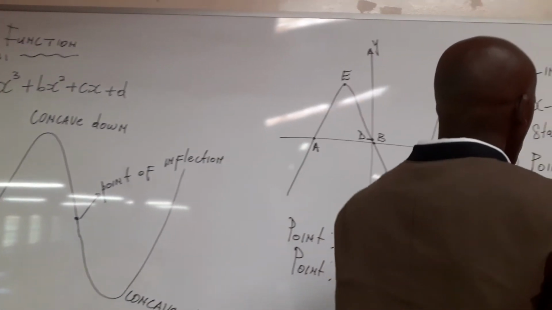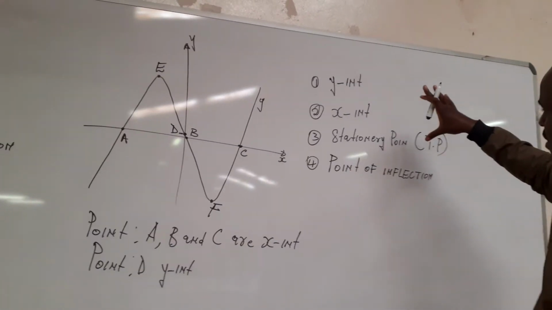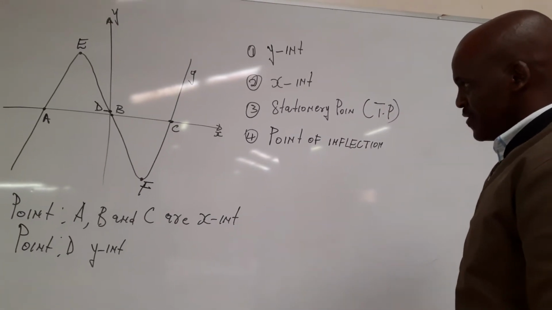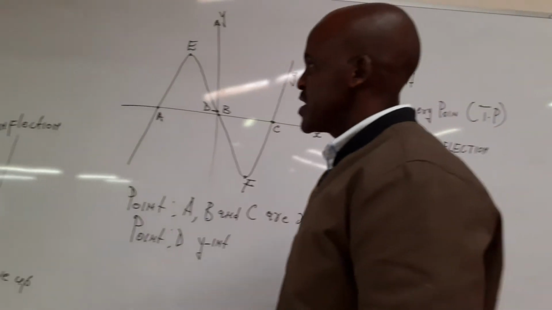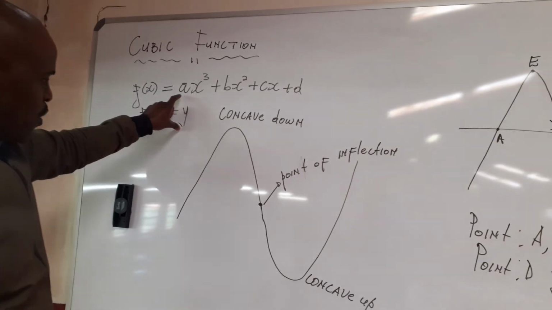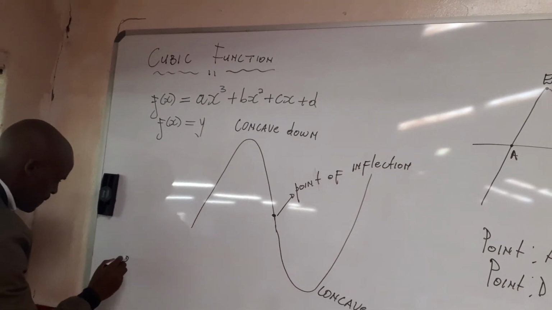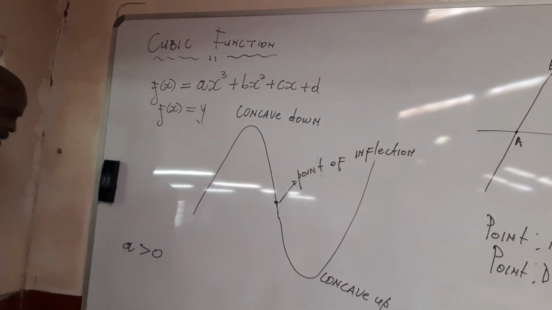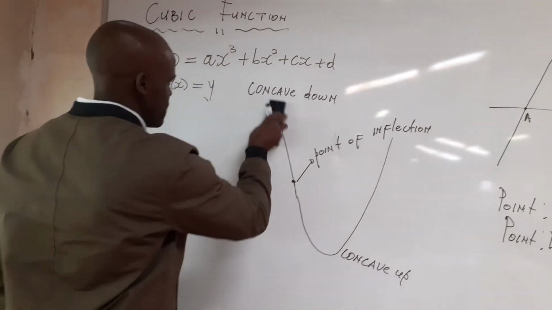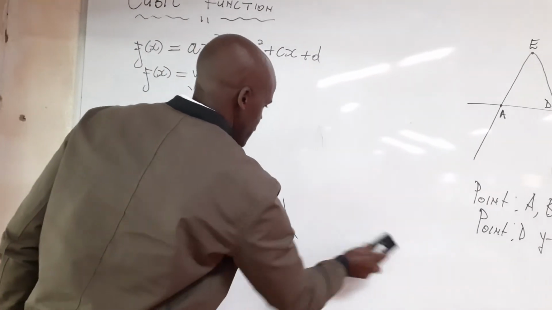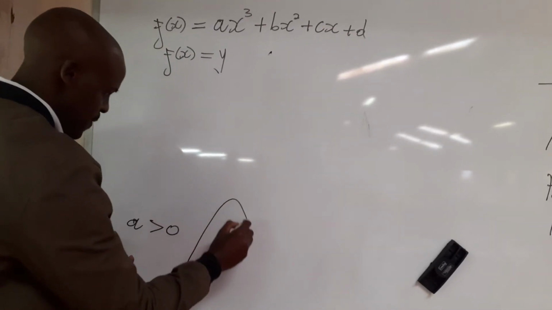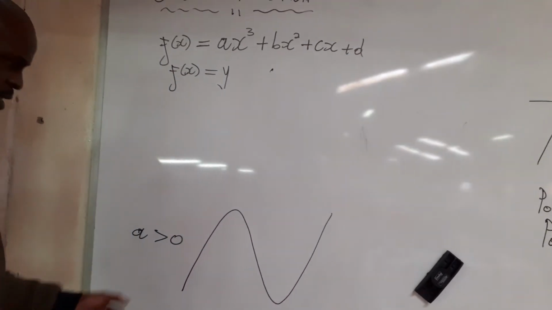Right. So these are the points that we need to have before you sketch the graph. And then we spoke about A here, which will tell us about the shape. If the value of A is positive, that's how your graph will look.